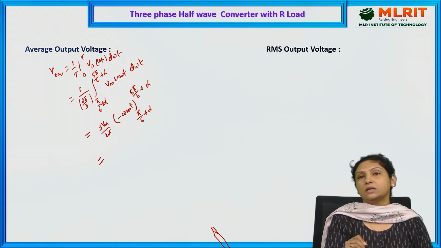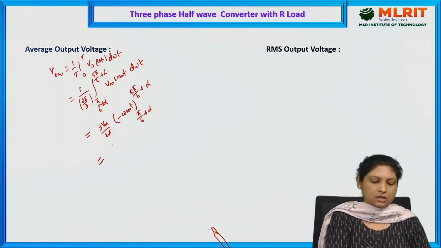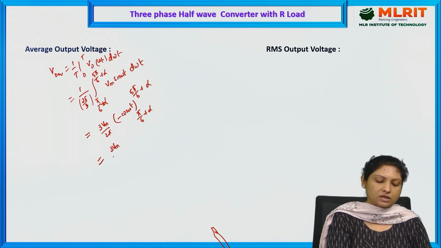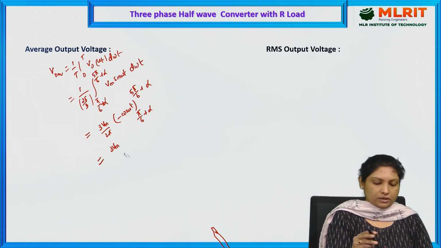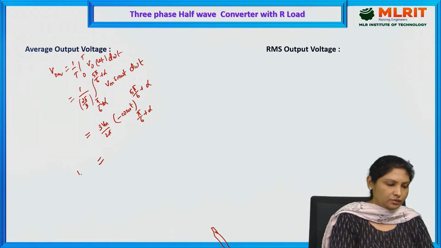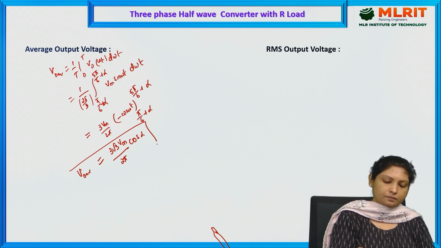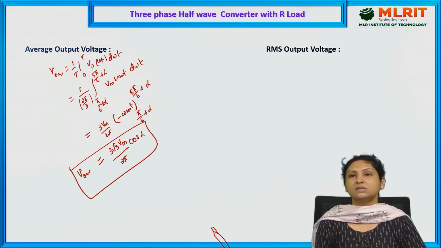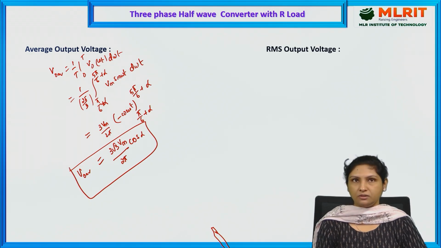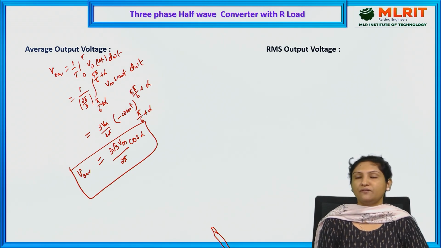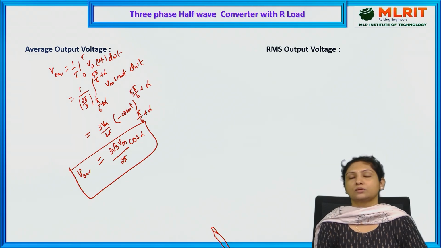And if you substitute the limits, upper limit minus lower limit, we get the final expression for V0 average as 3 root 3 Vm by 2 pi cos alpha. This is the final V0 average expression for 3-phase half-wave converter with R load.